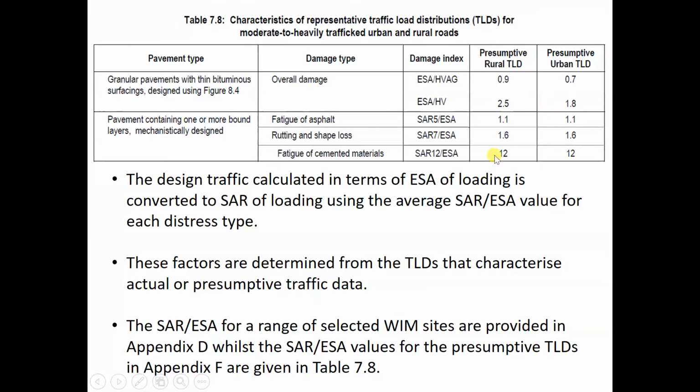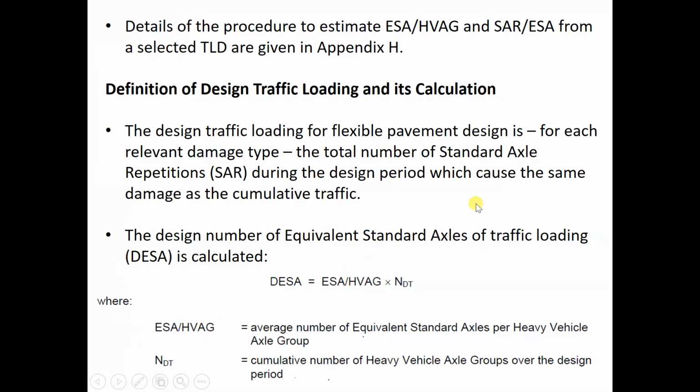So these are the factors, because we cannot have just one single factor to convert, as there is a different response for the asphalt, a different response for the cemented materials, and a different response for the subgrade. Okay.